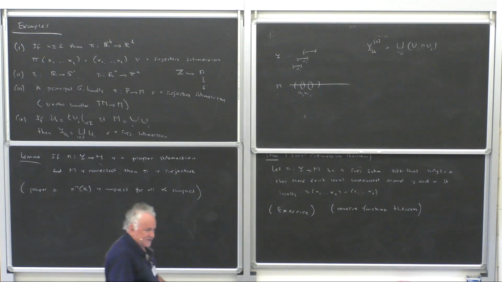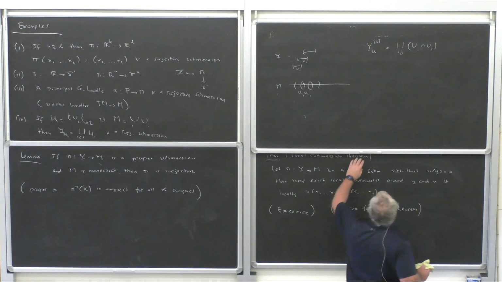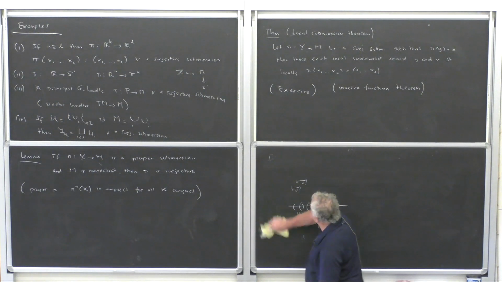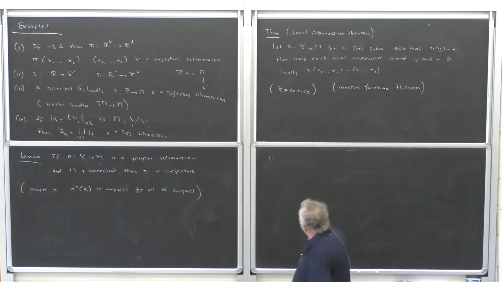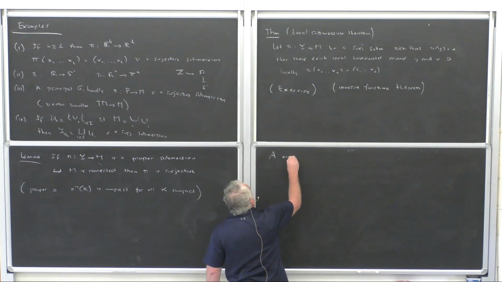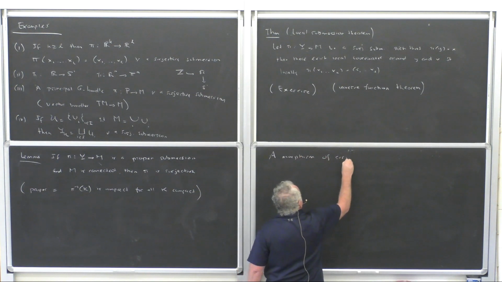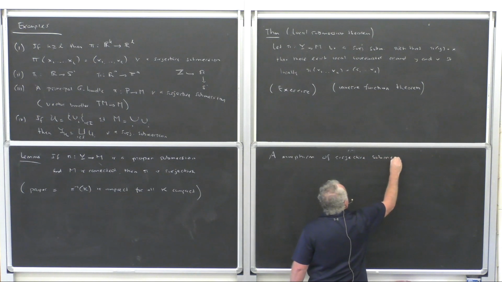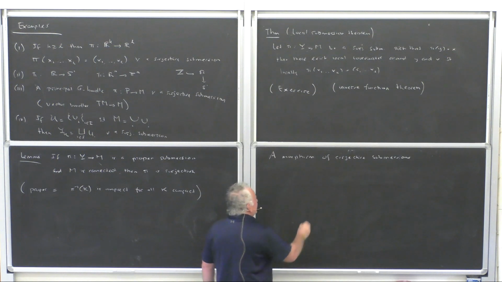Okay, so I want to list a set of properties which are the reason why surjective submersions are interesting. But first I would have to tell you what a morphism of surjective submersions is. Maybe I won't write it in words, I'll just draw a diagram.